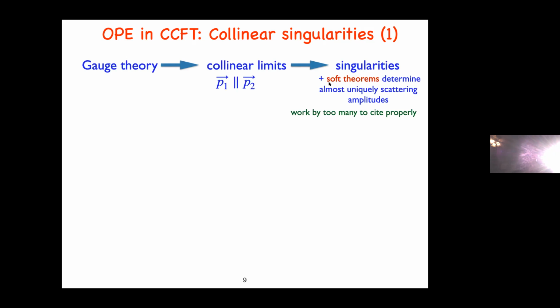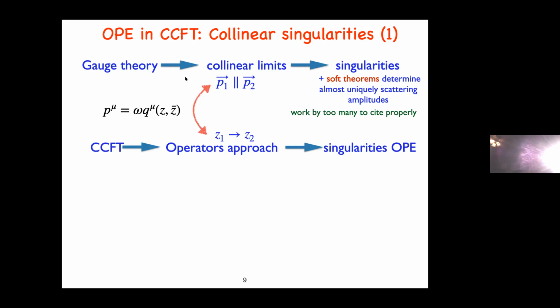The very interesting development in the past few years is that these singularities, the collinear singularities, and soft theorems, which are constraints that come from the form of amplitudes under soft particles, are a program that you can almost think you can run backwards. So if you use constraints from here, you can fix the S matrix completely. So this is, let's say, the big dream of the S matrix problem. You would like to understand now how this picture emerges in the celestial CFT.